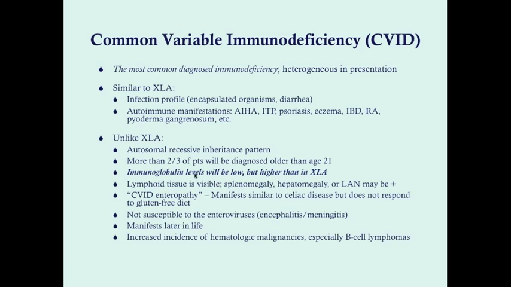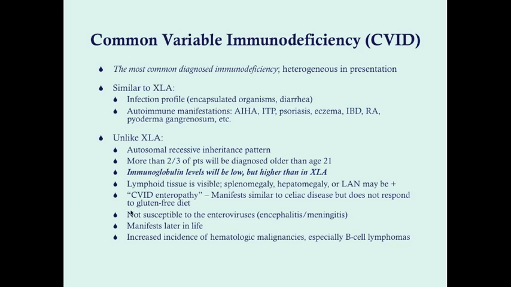Thirdly, immunoglobulin levels will be low, but they will be higher than in XLA. Lymphoid tissue will be visible, unlike in XLA, where the lymphoid tissue is either atrophic or absent. As a matter of fact, it may be enlarged. So you can have splenomegaly, hepatomegaly, or lymphadenopathy in CVID, whereas in XLA you would never have that.